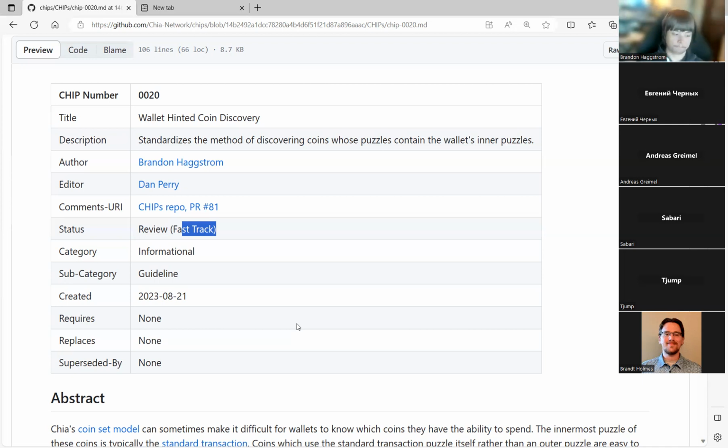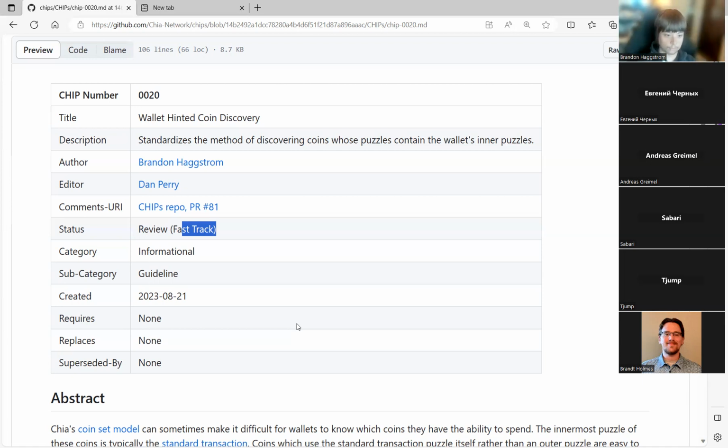Not entirely sure whether the first hint or first memo is considered part of the memo list. I think it was stated in the CHIP that if the first entry is a 32-byte value, then it is to be considered a hint. Otherwise, if it's anything but 32 bytes, then it's not a hint.